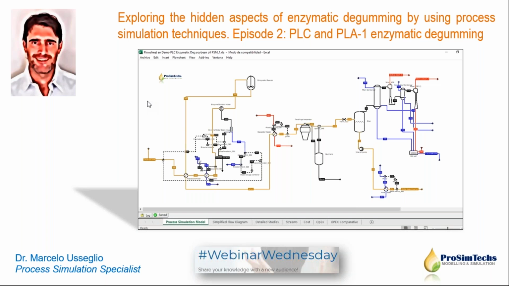After a very short introduction to each enzymatic degumming process, I am going to show how to properly diagnose each enzymatic process in terms of degummed oil composition, again mostly related to phospholipid composition, but also in terms of oil yield and operative expenses in each case study, by using, of course, the degumming simulation model for each case.